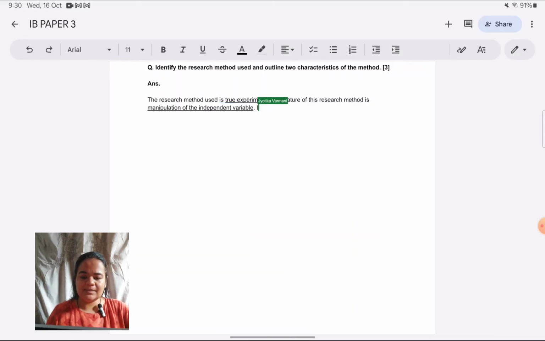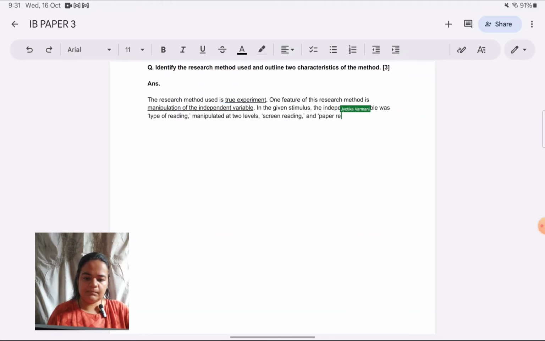So in the given scenario, in the given stimulus, the independent variable was type of reading, manipulated at two levels: screen reading and paper reading. So this is how we contextualize. We just relate the point to the study and point out where that feature is seen.